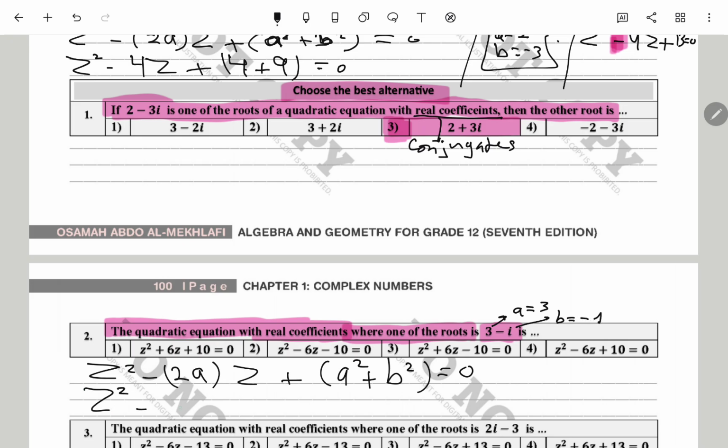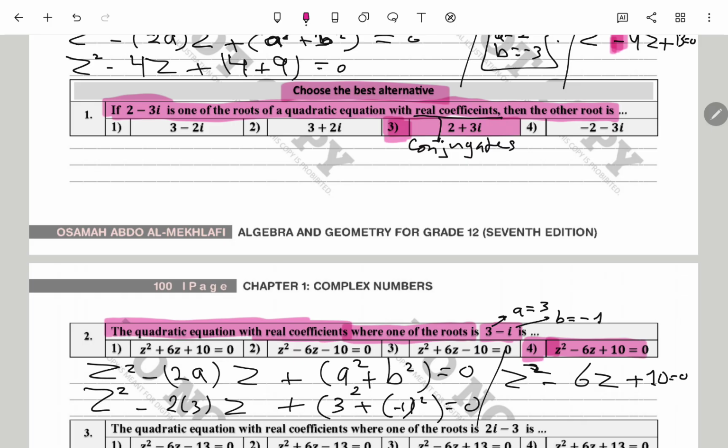Use them in the equation. So here 2 times 3 is 6 times z, plus 3 squared plus negative 1 all squared, close your bracket, equal to 0. So your equation now is ready. It is z squared minus 6z plus 9 plus 1 is 10, all equals 0. You can find your answer at the fourth alternative, which is z squared minus 6z plus 10 equals 0.